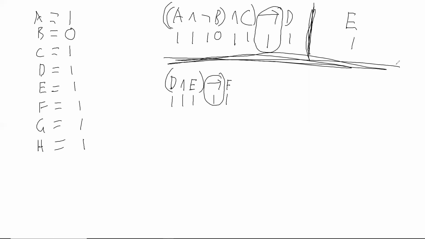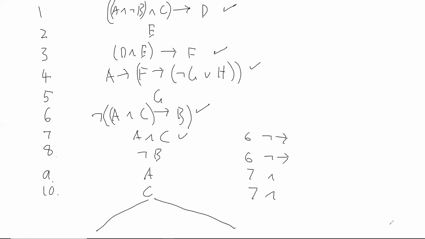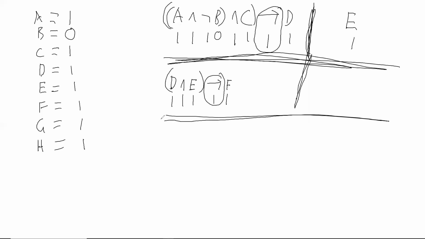Just separating these. And then our next sentence, with F, G, H. So assigning letters based on our counterexample, we give 1 to A, 1 to F, 1 to G, 1 to H. Negation of 1 is 0 here.